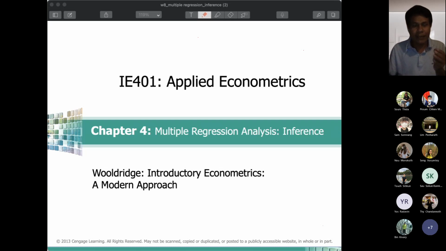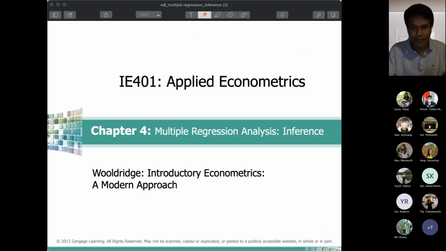For instance, if you have 3 x's, x1, x2, x3, and x1 is your independent variable of interest, that R square is the R square from the regression when you regress x1 on x2 and x3.